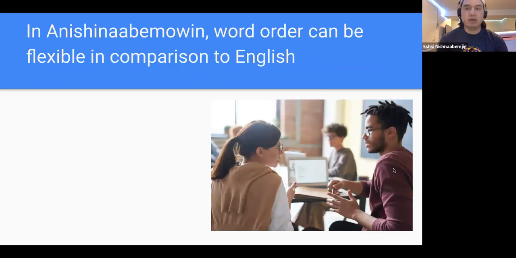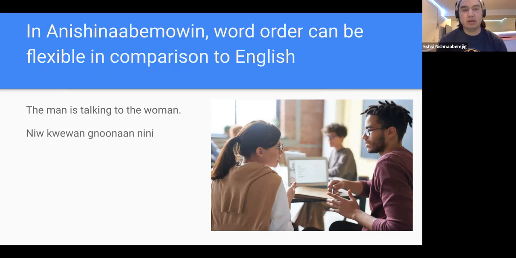Nishnaabemwin word order can be flexible in comparison to English. So the man is talking to the woman. Niokwewan gununan nene. That's one way you could say it. Nene gununan niokwewan.